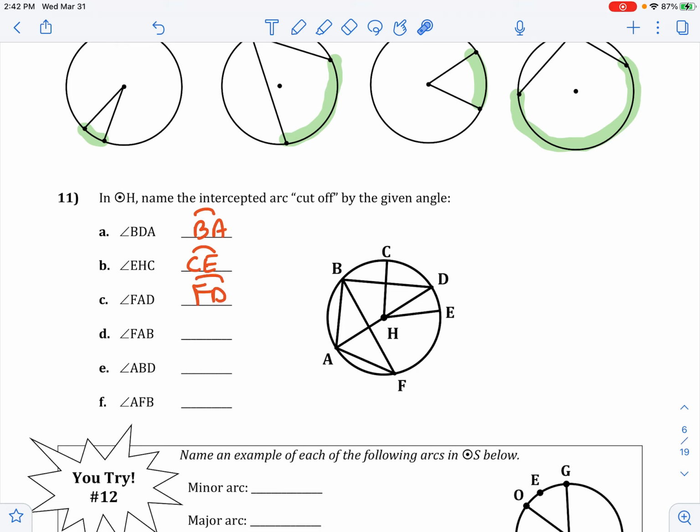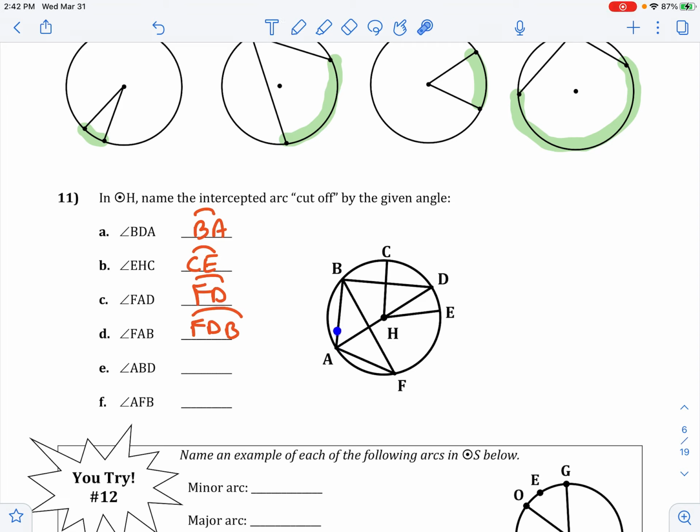Now let's look at FAB. That's going to be a really big one because that's going all the way from F to B, which means that's a major arc. So probably going to use a third letter here for angle FAB. I'm going to go with FDB. Try that. So that's going to be a bigger one.